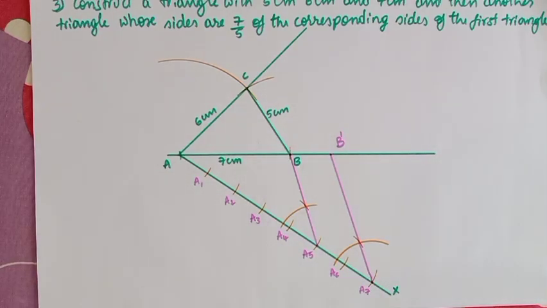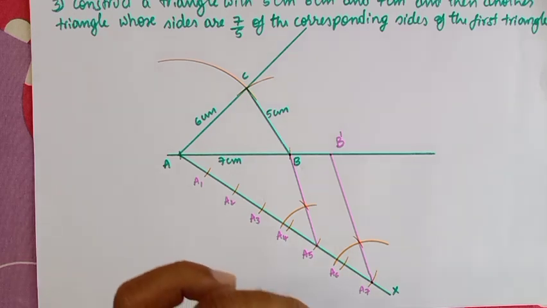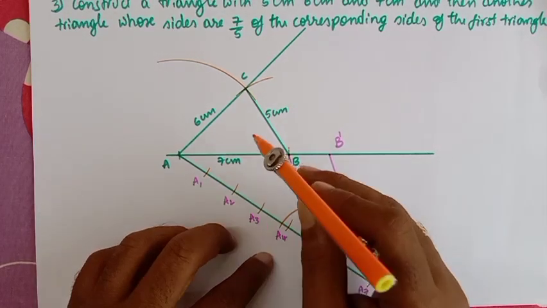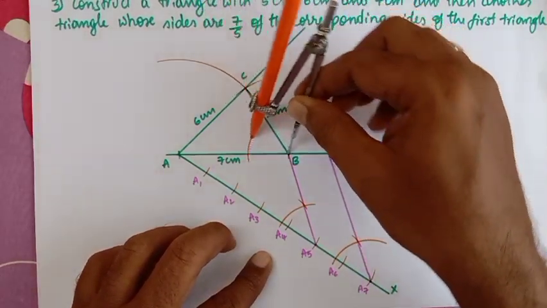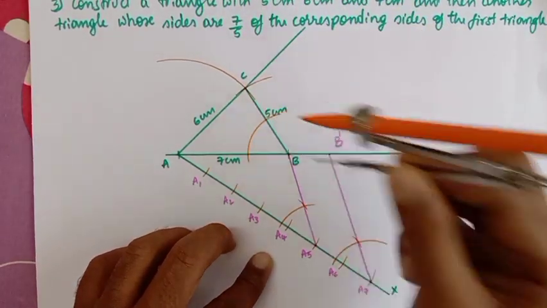And then once again we should draw an arc from B with some distance.